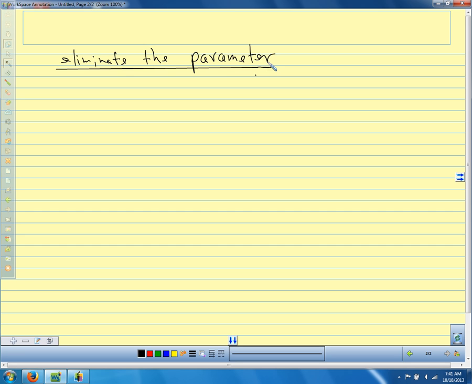So to eliminate the parameter, we want to start with the equations. We want to solve for the parameter in one equation, and then we substitute into the other.